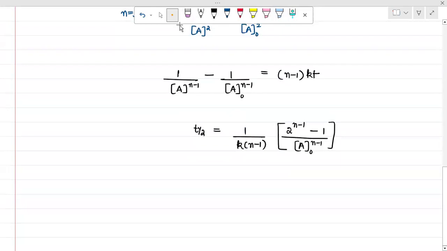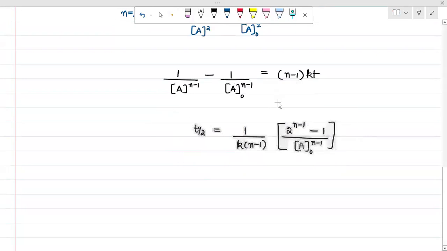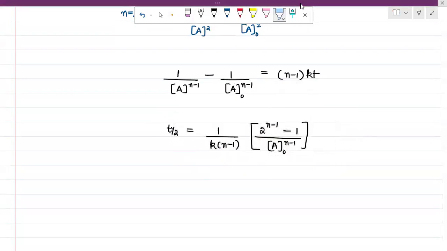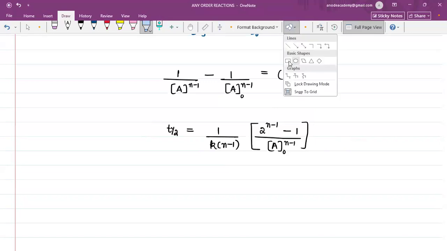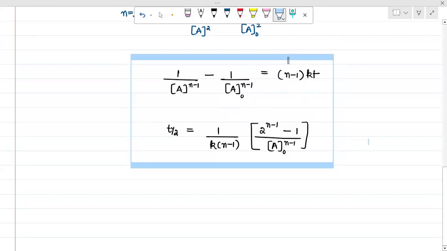This is the equation for the T half of any order reaction. It will be nice if you are able to learn this by heart. It will be helpful. Important.